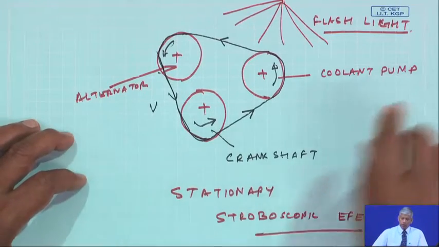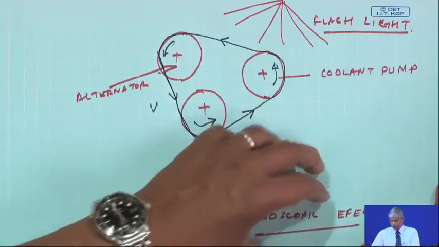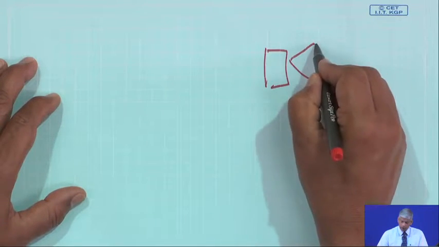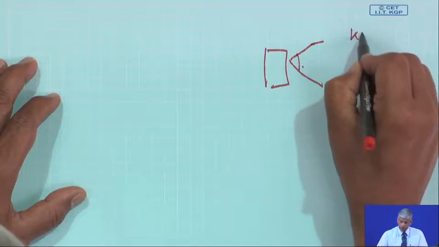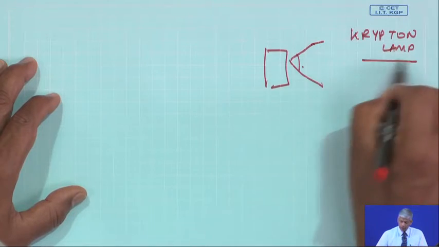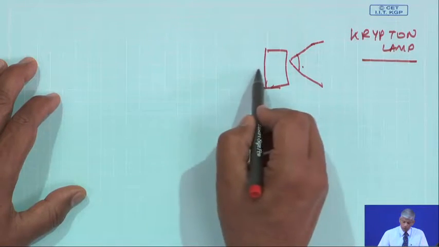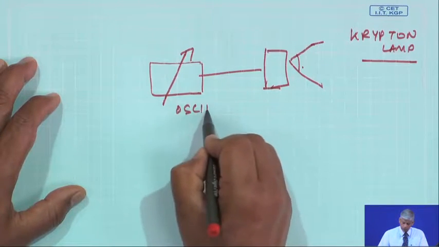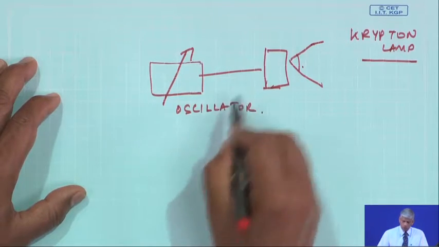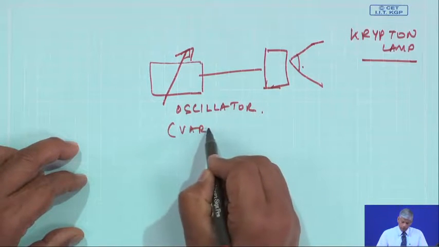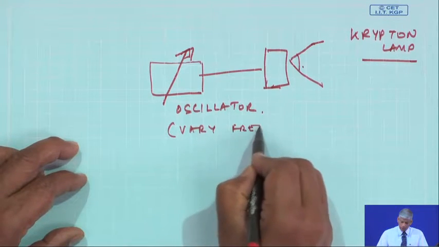So, a stroboscope is nothing but an arrangement where we have a high flashing lamp. Earlier they used to have a high intensity krypton lamp. Of course, nowadays we have LED lamps. So, this is flashed onto a surface, with an oscillator and a power supply, so I can vary the frequency of the light.